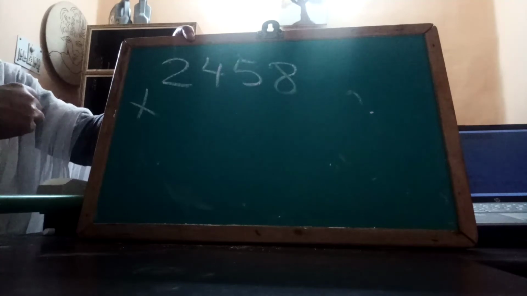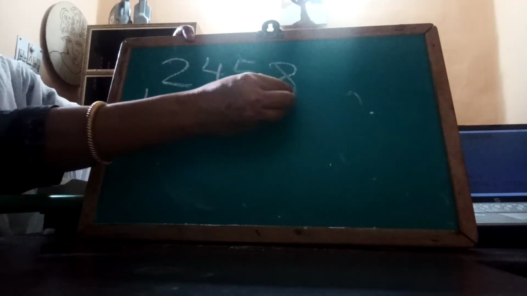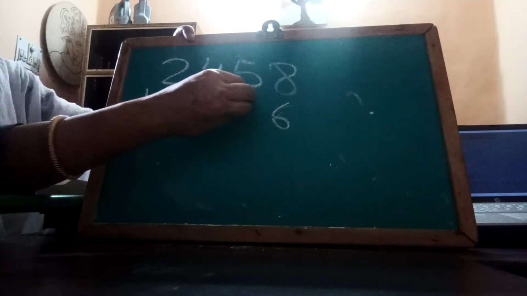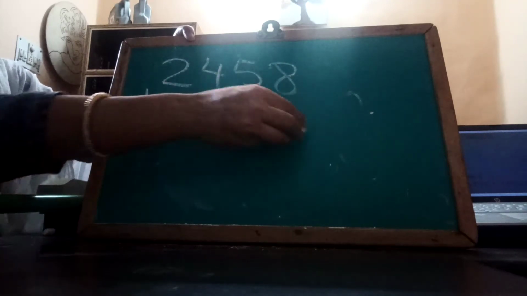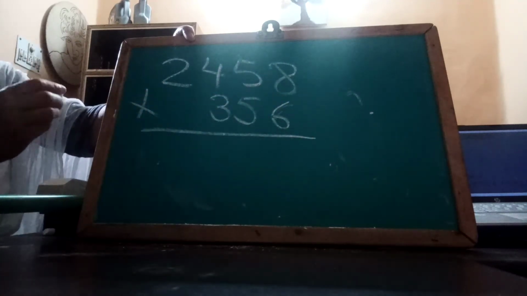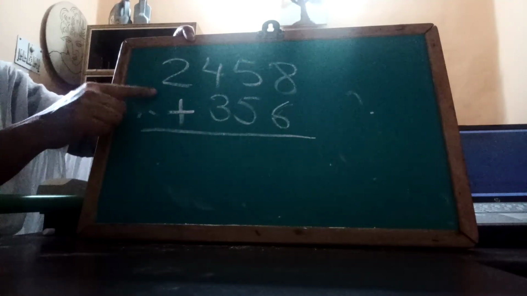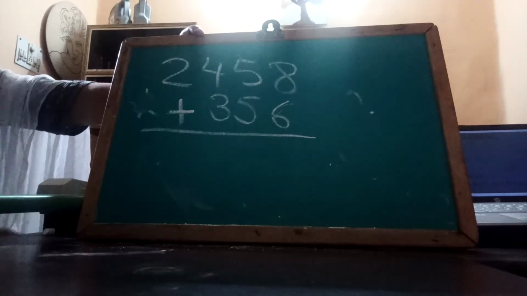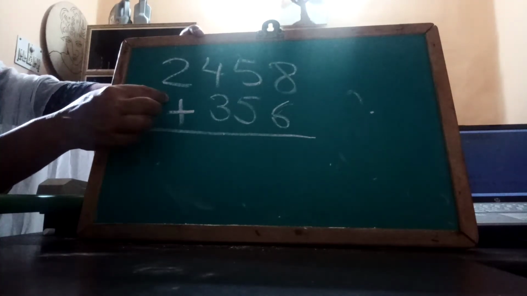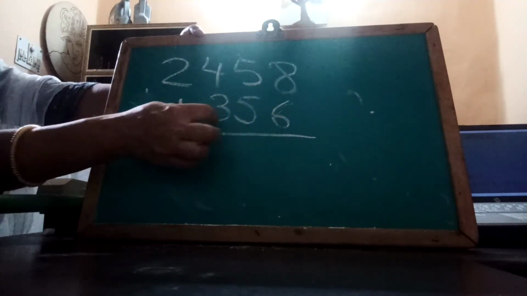Suppose 356. Then 6 I am writing on the right hand side, 5 and then 3. Okay, this is how you will add. If you are adding, you should add in this way. Is that clear? Do not start writing 3 from here. You'll always start writing from right hand side to left hand side.